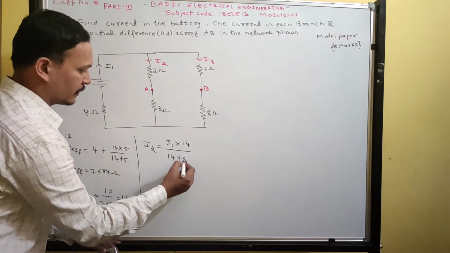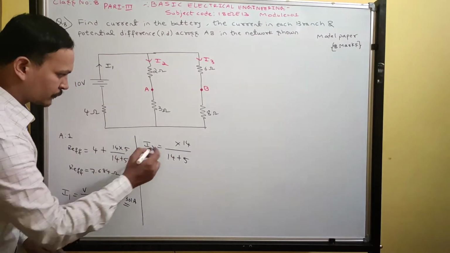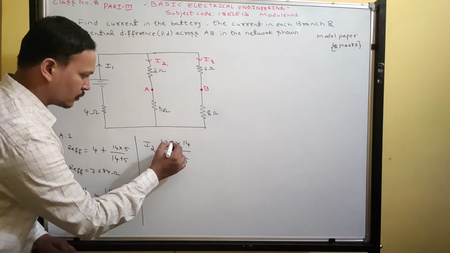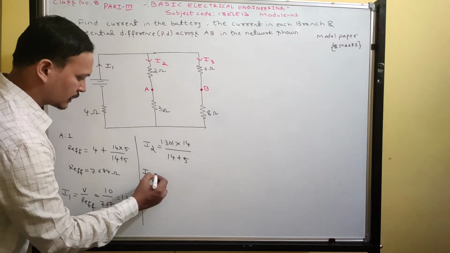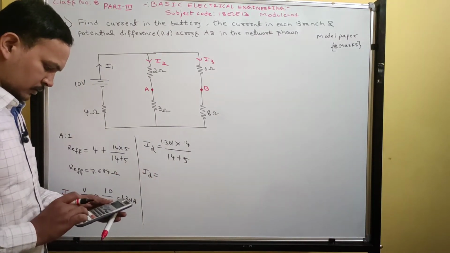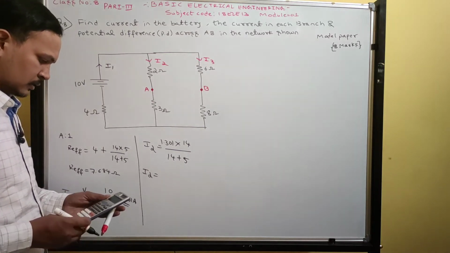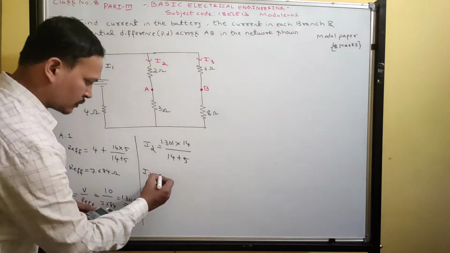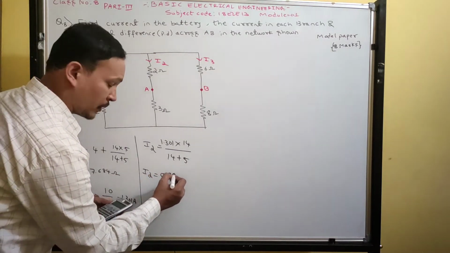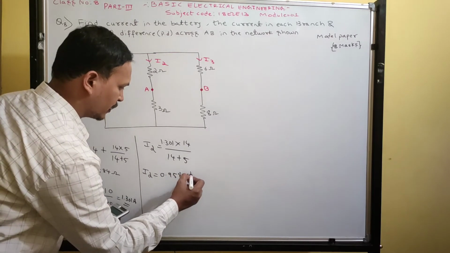What is the value of I1? 1.301. So do this in calculator: 1.301 into 14 divided by 19. Very good. We got 0.9586 ampere.